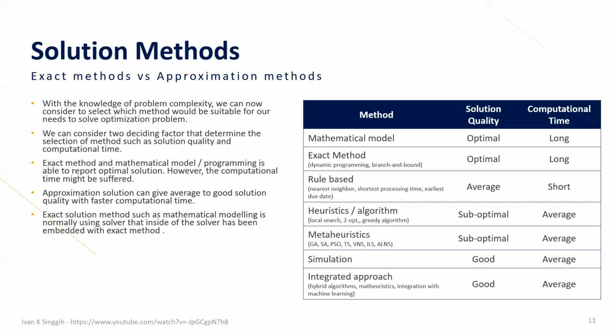That's why for those types of problems, when the size is large, we consider using a trade-off of less solution quality. You try to use rule-based, heuristics, or meta-heuristics.